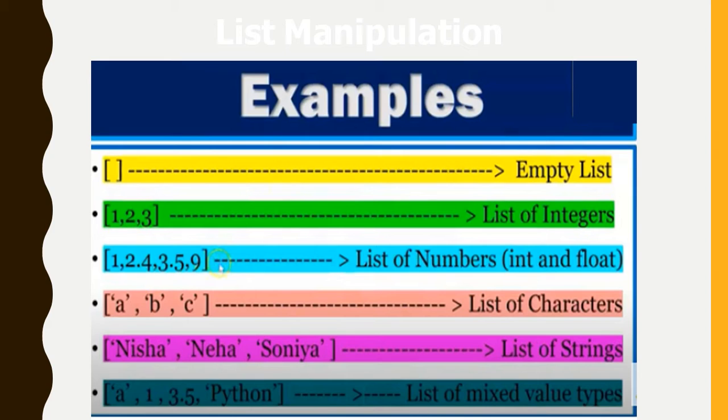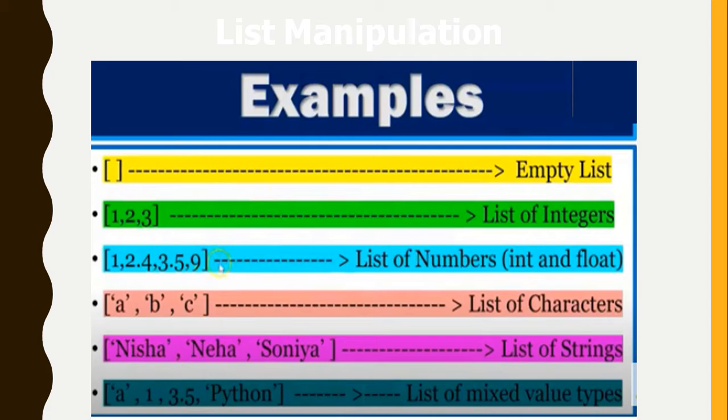Then a list of strings, the names of persons, and of course a list of mixed value types, that is one may be an alphabet or a character, another may be an integer, third may be a float, and fourth may be a string. These are the various types of lists in which we can store elements.